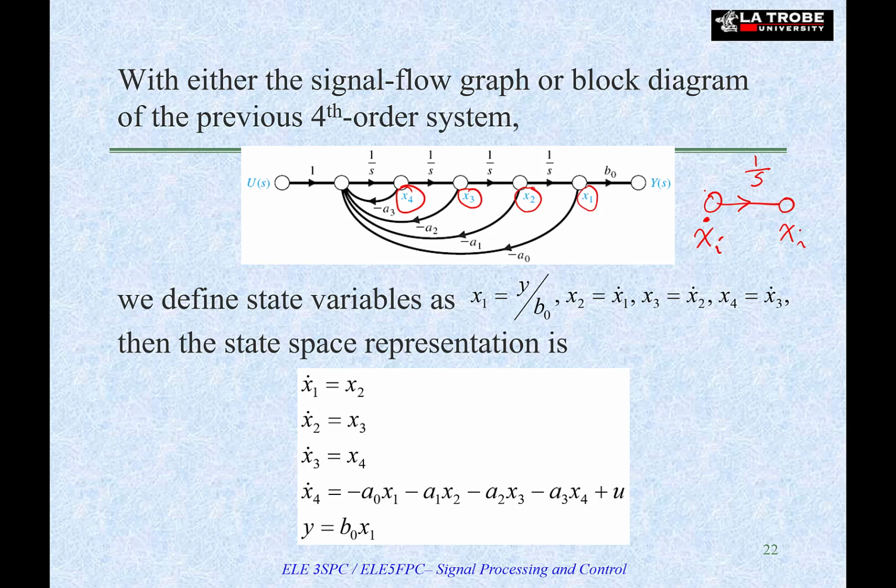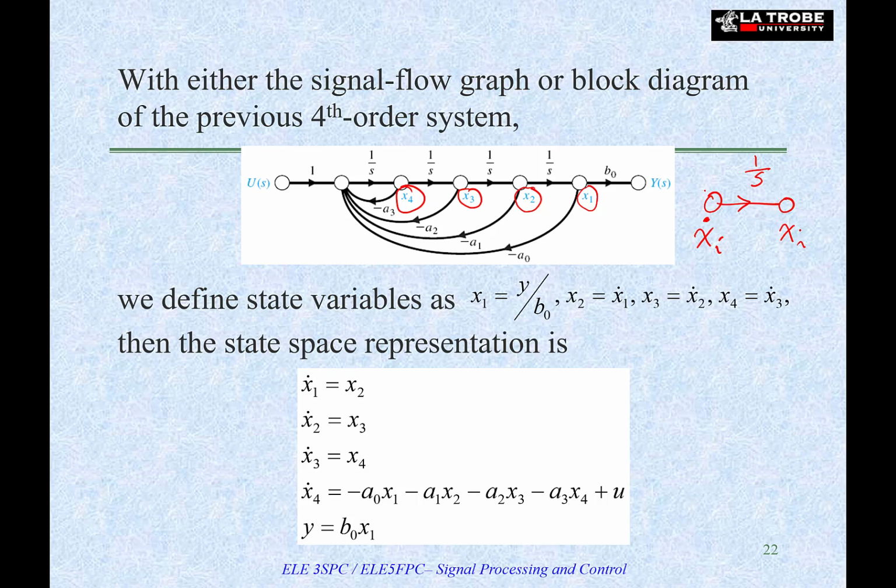If the output node of an integrator is denoted by xi, then the input node of this integrator should be xi dot, the first order derivative of xi.